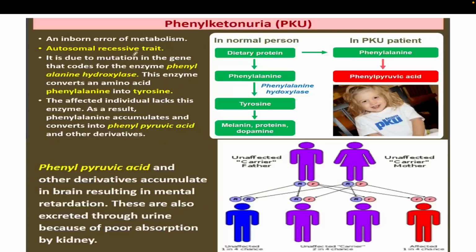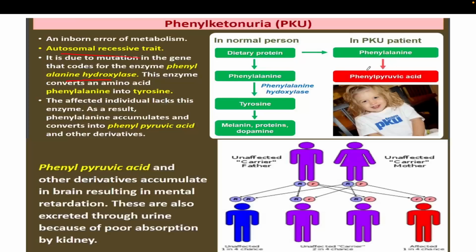Here it is a kind of metabolic disorder, and it is an autosomal recessive trait. It is due to the mutation in the gene of phenylalanine hydroxylase. This is a kind of enzyme, and it happens due to the mutation in the gene which encodes this particular enzyme. This enzyme converts phenylalanine to tyrosine.